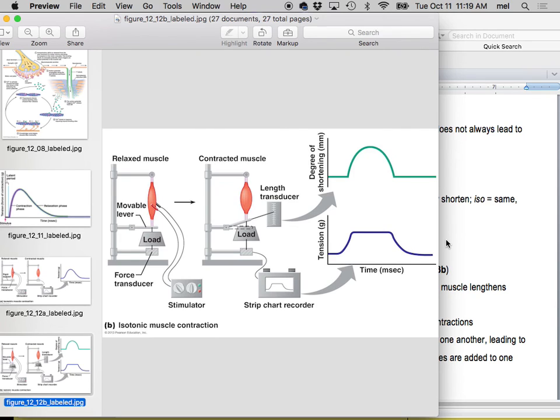But isotonic contractions are wiggling, right? You're generating enough tension to overcome the load, so you are actually going to wiggle. Is that good? Okay. So examples of isotonic contractions: any kind of movement, walking, running, using your pen, any of those kinds of things are isotonic movements. You're generating enough tension to overcome the load.